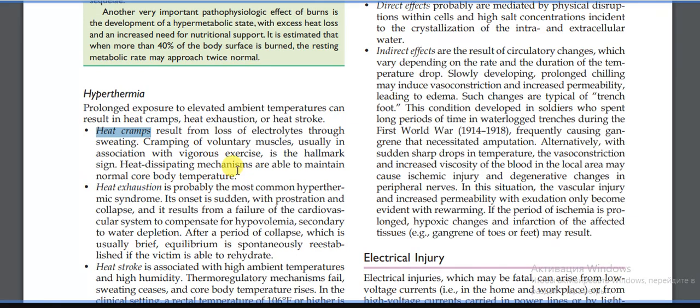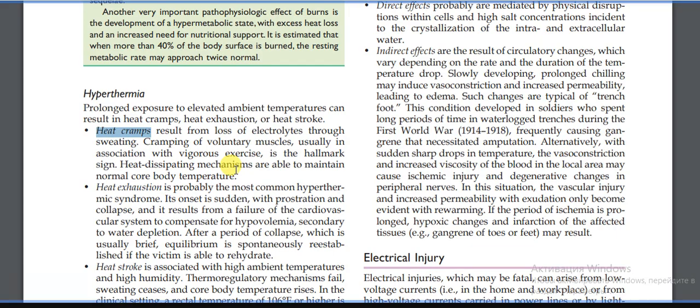Heat cramps sometimes happen when you rest on a beach, when the temperature is increased and you absorb the heat from the sunlight. It leads to formation of more sweat and loss of electrolytes, and of course this loss of electrolytes can cause a cramp.